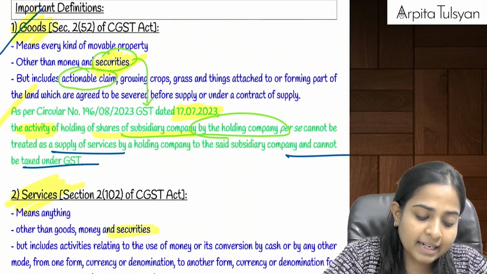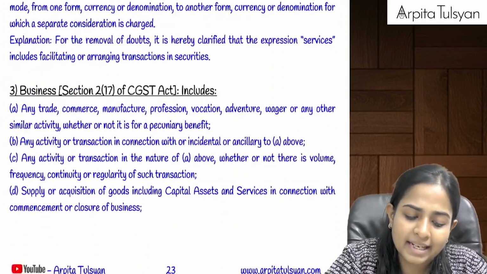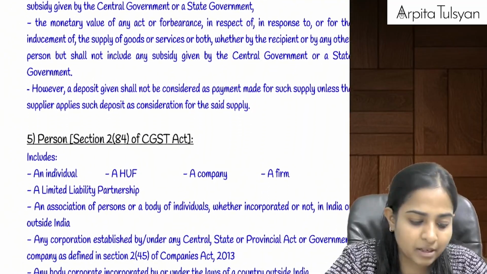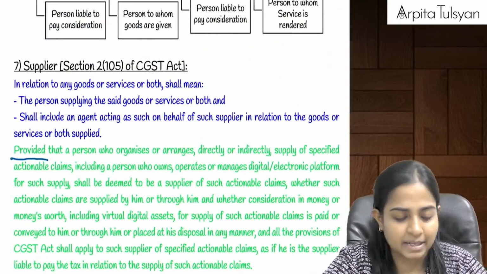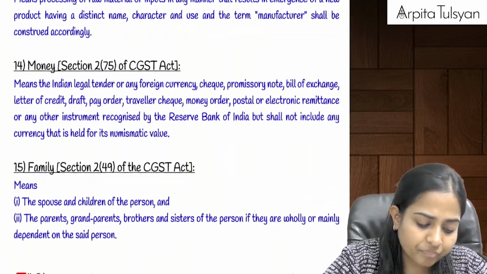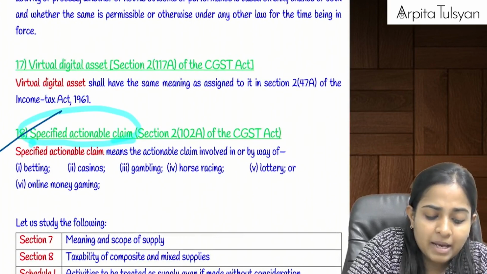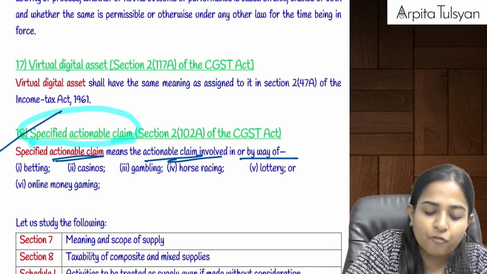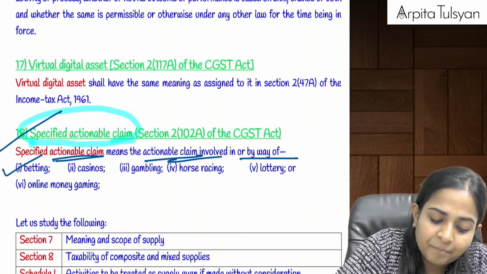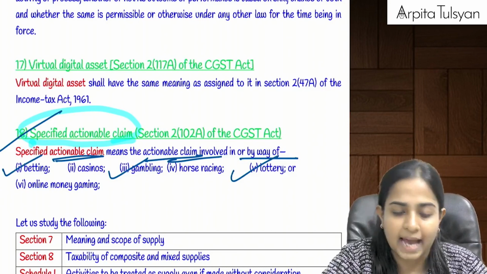And in the taxability of actionable claims, till now betting, gambling and lottery were taxable. Remember that we had done this in Schedule 3 transactions in the exceptions point. Now they are telling that specified actionable claim means the actionable claim involved by way of betting, gambling, lottery. This was already included in the term actionable claim.